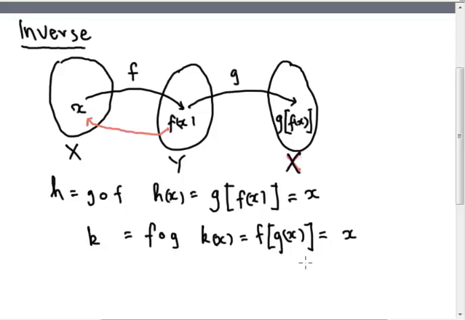Do you see what's happening there? Which means I start with g, and then I evaluate f, and I still go back to x.